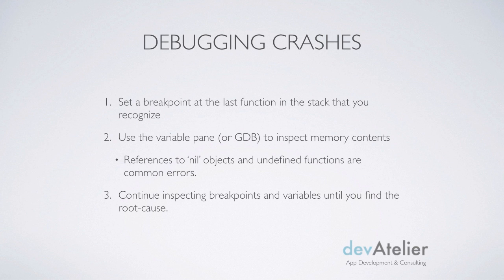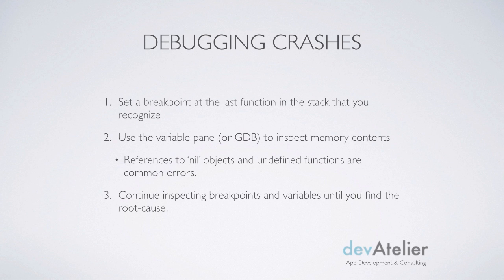Then, once you've found the function, what you do is two things. There's a little icon that looks like a hop, like hop over. You use that to step through lines until you find the one that crashes. Then when you've found the one that crashes, you can actually look at the memory contents. There are two ways.